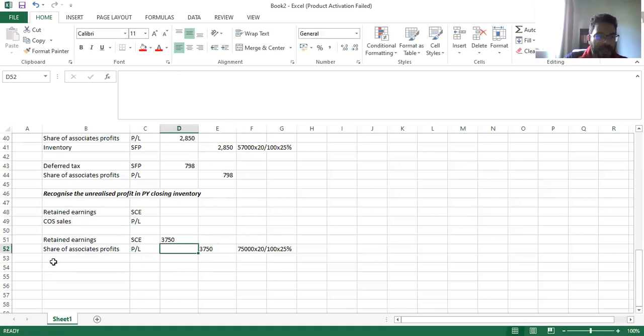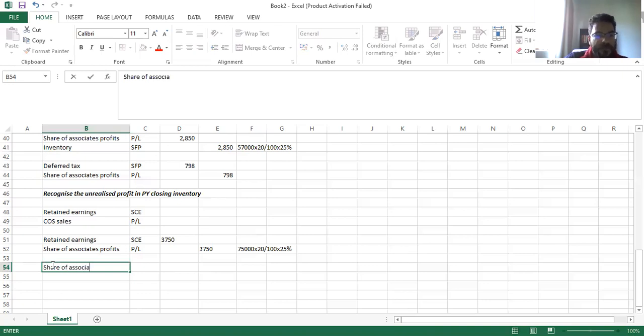Then we're going to have deferred tax. So it will be share of associates' profits. This is related to their retained earnings.